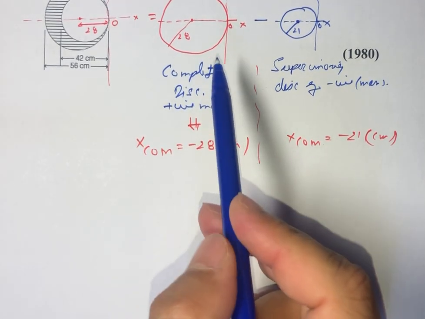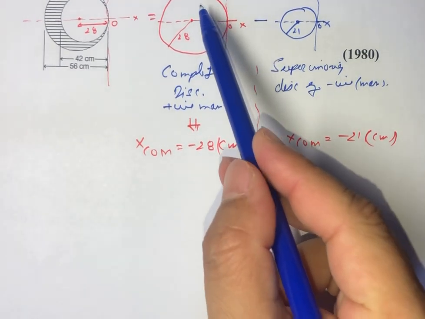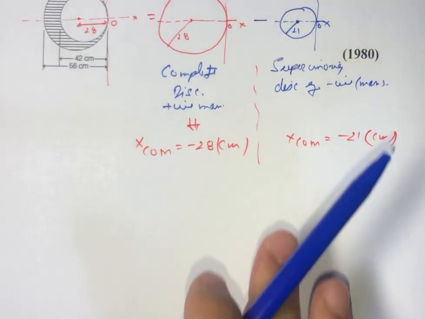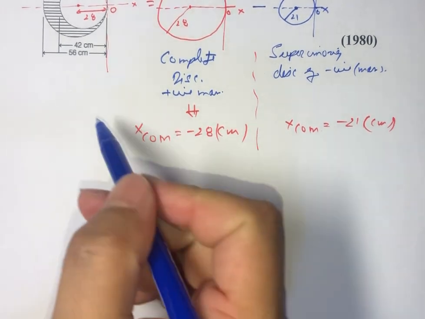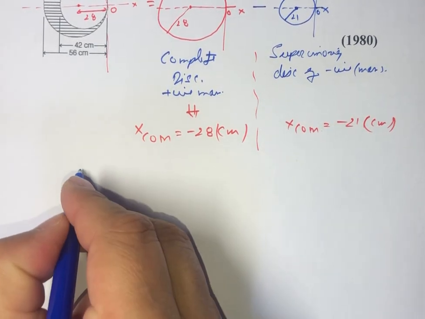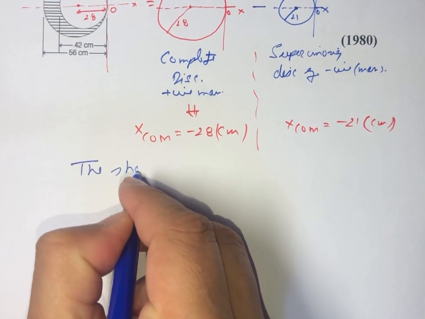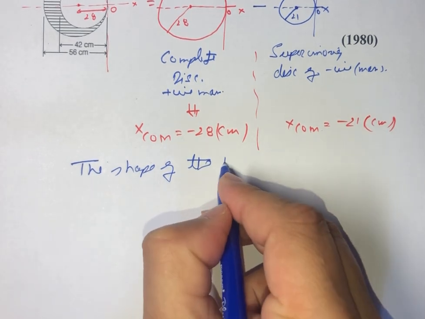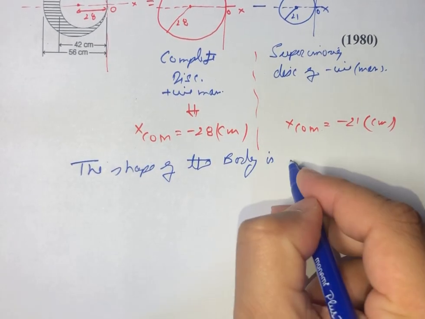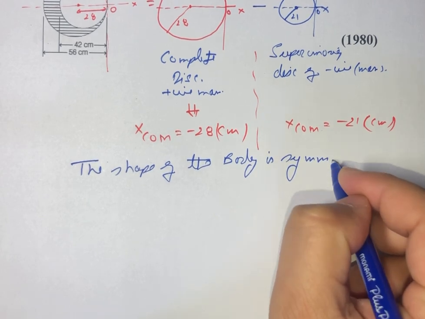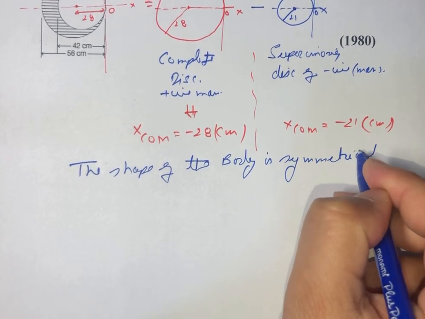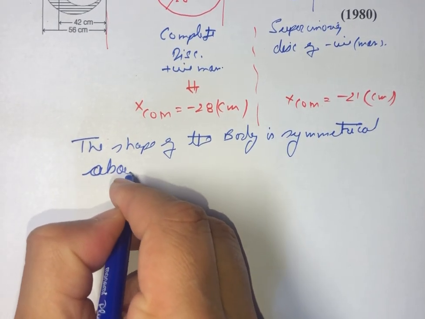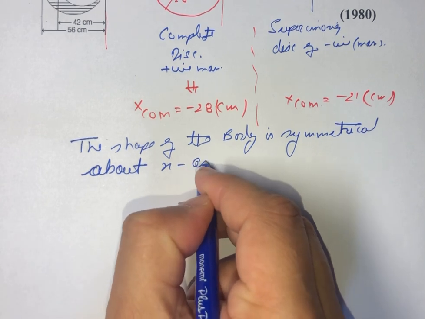So from the figure we can clearly see that both the discs are symmetrical about x-axis. We can say that the shape of the body is symmetrical about x-axis.